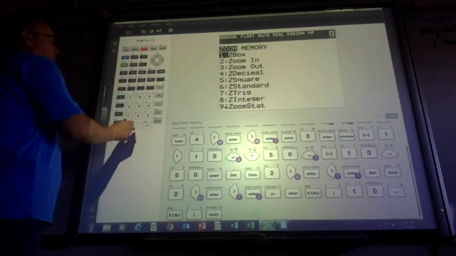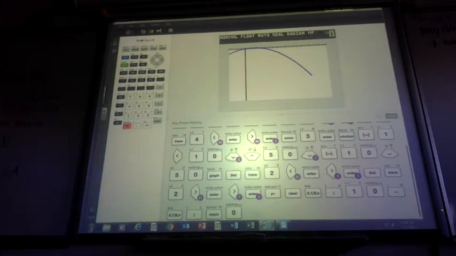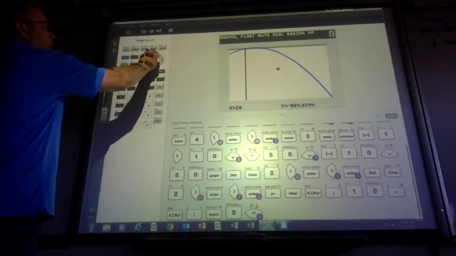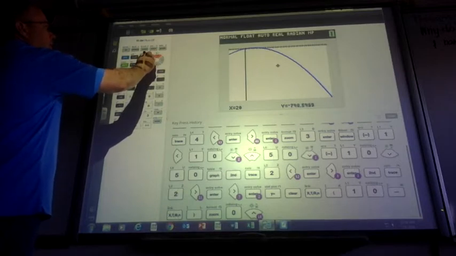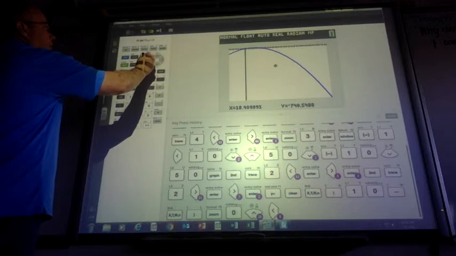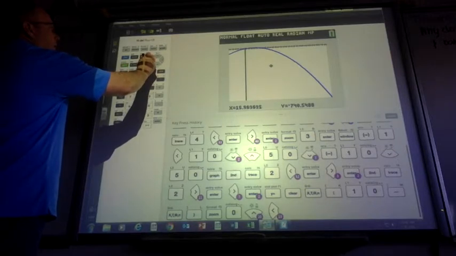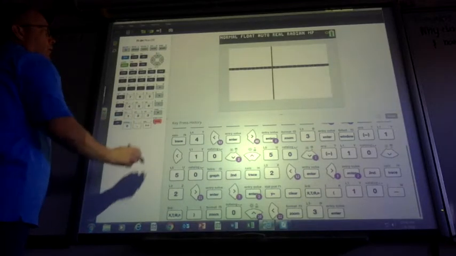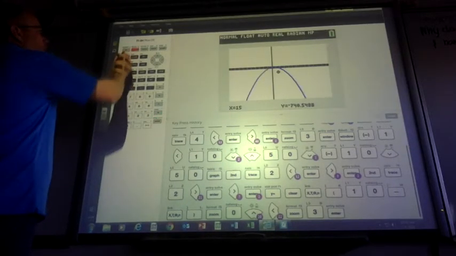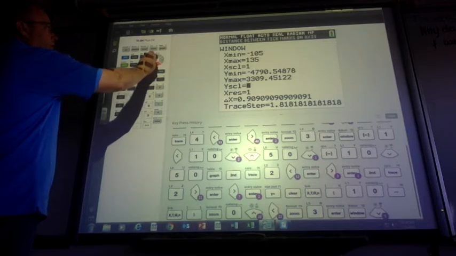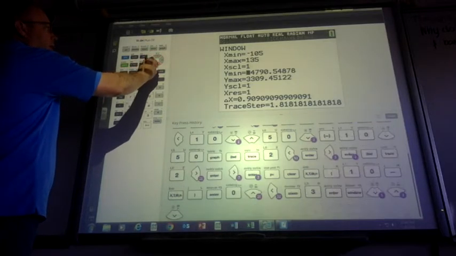So if I had zoom fit, which is zoom 0, I can see that, and there's some cool things we can do with this. And let's just zoom out. Window. I don't need these maximum, unbelievable huge values for y.